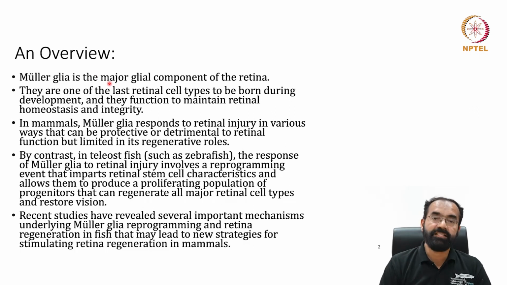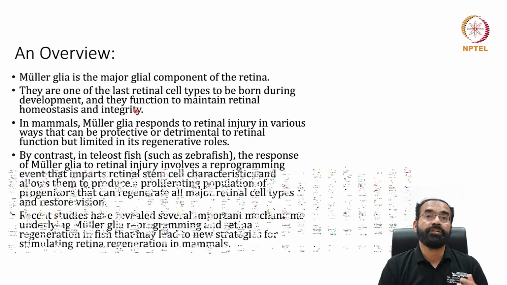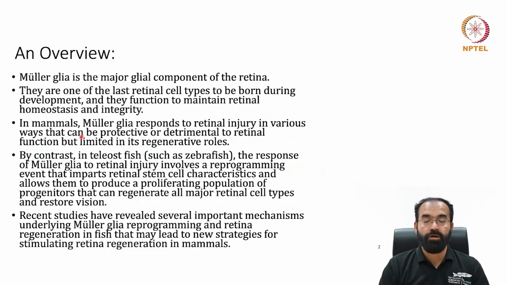So Muller glia is the major component of the retina, which consists of around 40% of the total number of cells, and they are one of the last retinal cell types that is born during development, and they function to maintain the retinal homeostasis and integrity, because the neurons need lots of support from the glial cells, and hence the neurons are able to perform their higher order tasks.